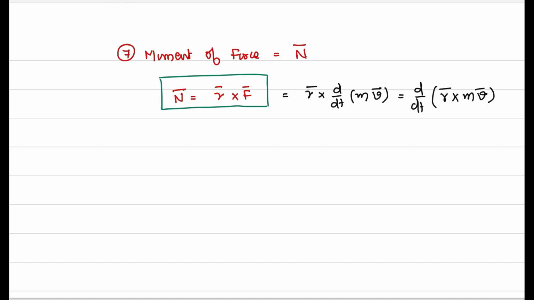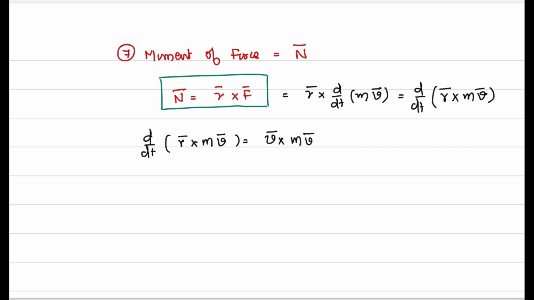Because I have already explained in the previous class, when you cross multiply two vector quantities and take a differentiation, then d by dt of r cross mv is equal to v cross mv.